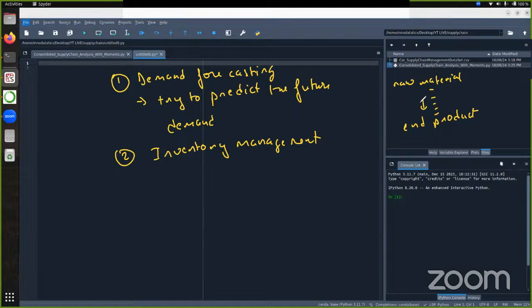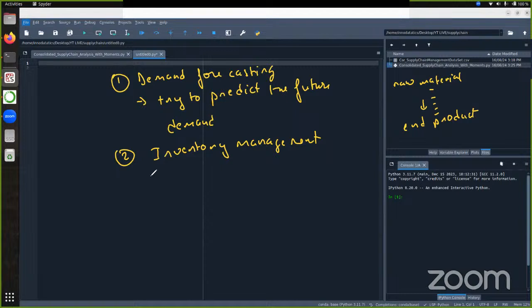I will have it ready. I will go purchase it. I will utilize it. That is where inventory management comes into the picture, because I want to have an optimized number of wires in my stock. I don't want to have too many wires. I don't want to have too few wires. So we need to find the optimized stock level.